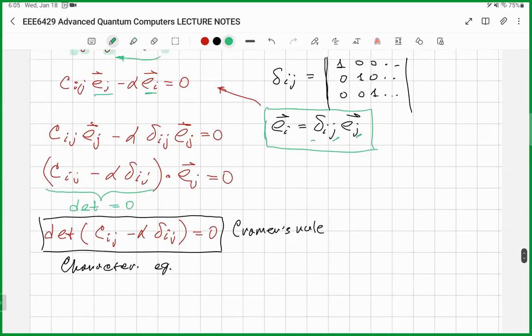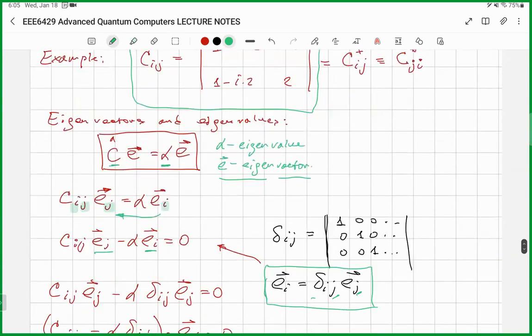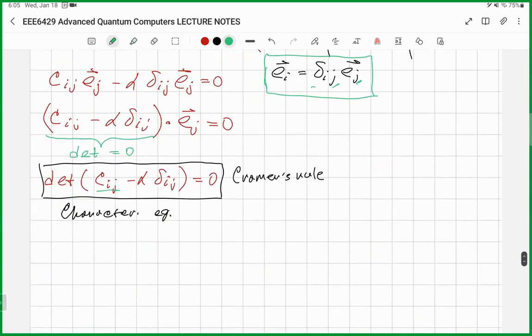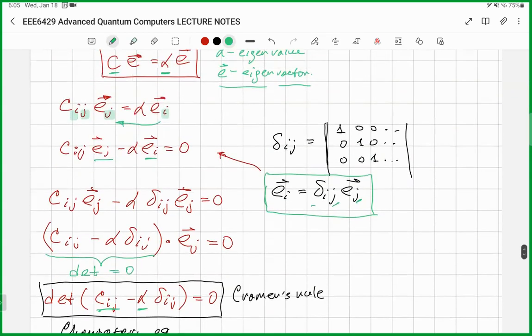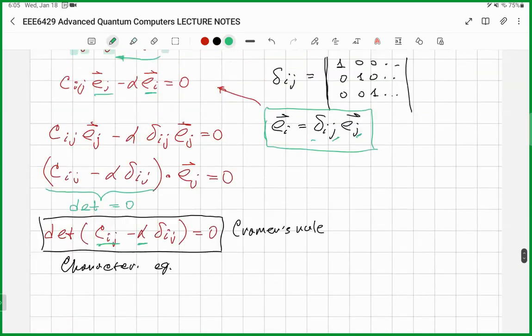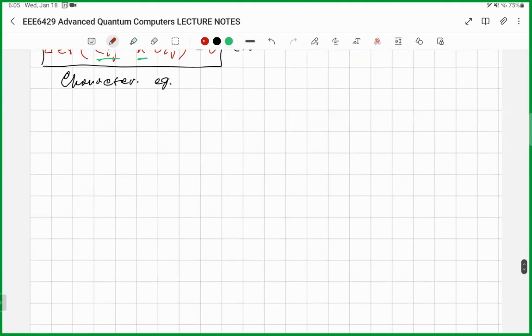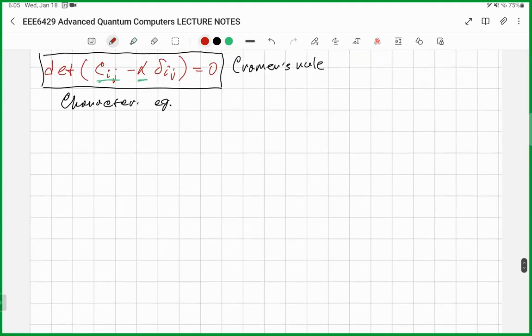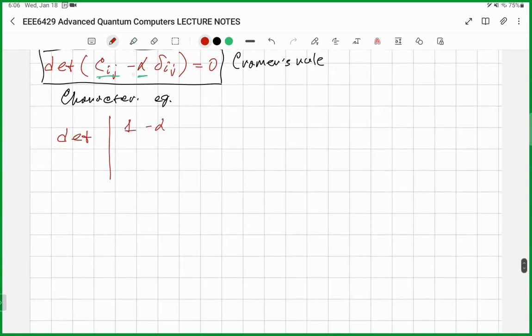I simply have to write the same matrix according to this equation. So this matrix here, but for the diagonal components, I have to subtract alpha. And this alpha will be the eigenvalue of my matrix, right? So for our example matrix, I write the following. I have to write this determinant of matrix: 1 minus alpha.